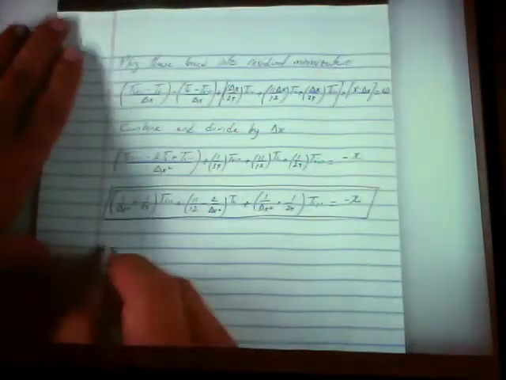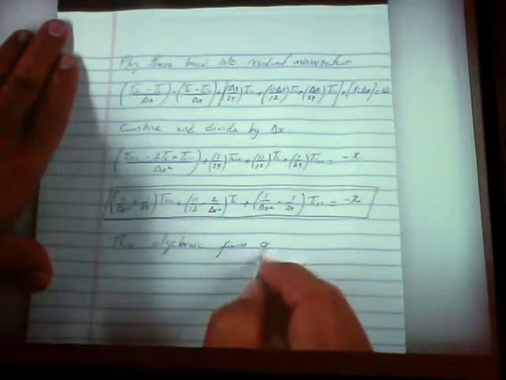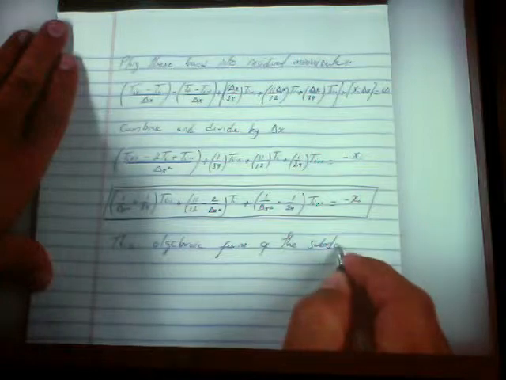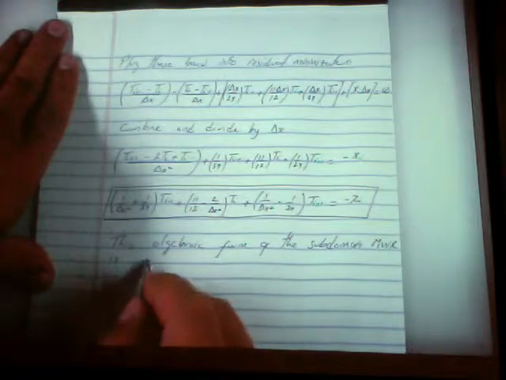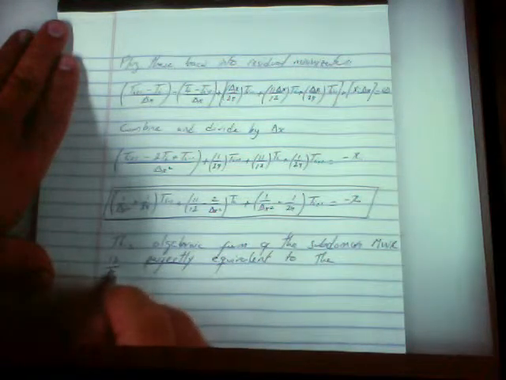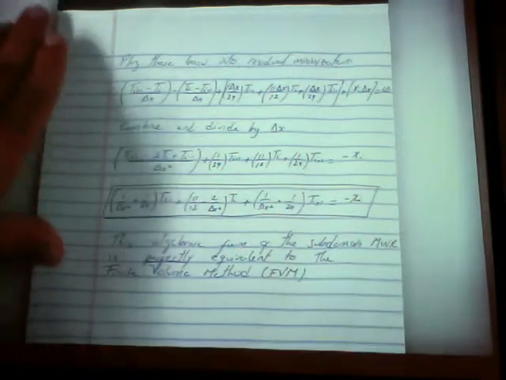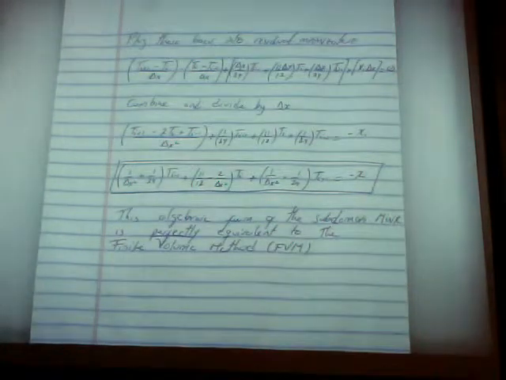This algebraic form of the subdomain method of weighted residual is perfectly equivalent to the finite volume method, FVM. Not to be confused with the finite element method, that's something else. This is a finite volume method.